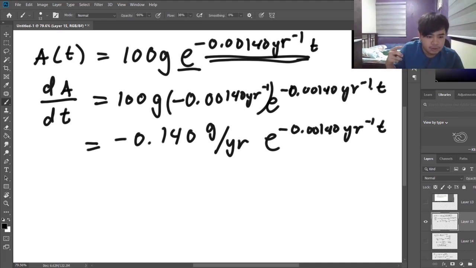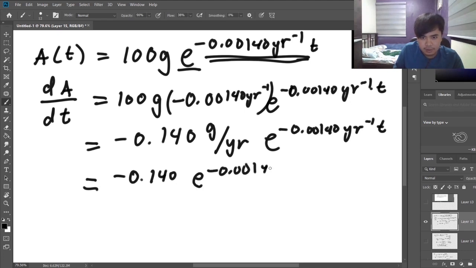So we just need to find the decay in the present moment, which is 3,000 years from the past. So we get negative 0.140 times e to the negative 0.00140 inverse years times 3,000 years. The inverse year and the year cancel each other. That's good.